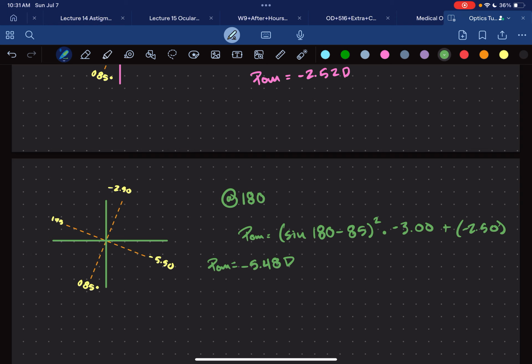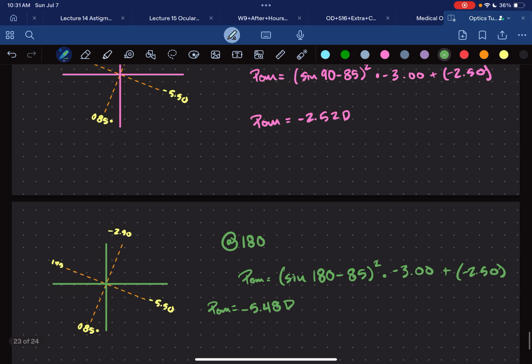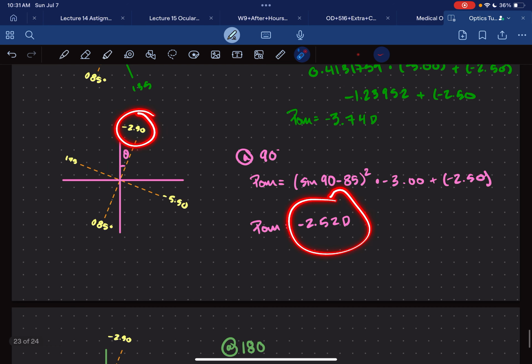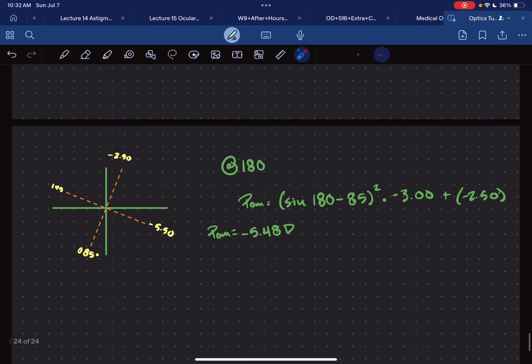And again, think about it. Does it make sense? Yeah, because we're really close. That meridian's power of negative 5.50 is at 175, so literally 5 degrees off. And it makes sense that it's only 0.02 diopters off, which matches up with this. This was only 0.02 diopters off from that meridian's power, so it's kind of neat.